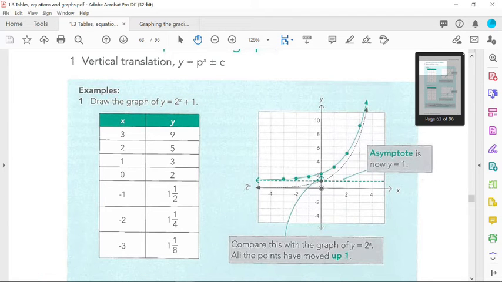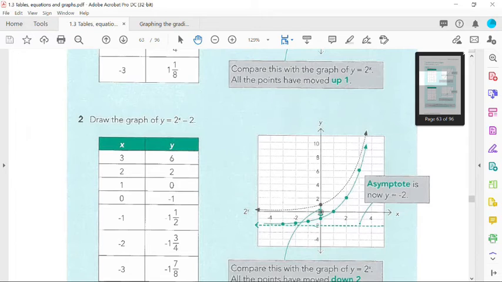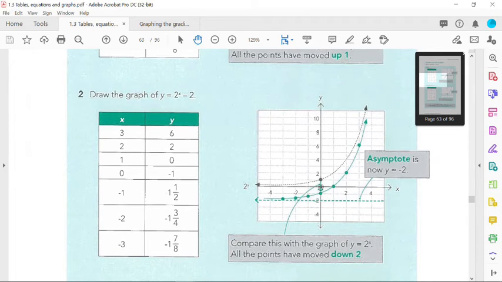I just want you to see every case. Okay. So this one, 2 to the x minus 2. So where's your asymptote? At negative 2, right? Okay. And where's your y-intercept going to be? Negative 1. Okay. Because it's always 1 above, unless it moves right or left.